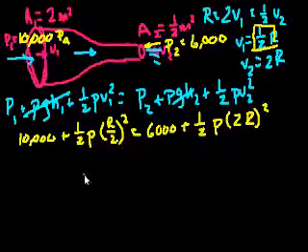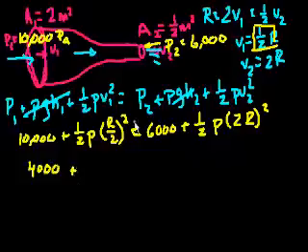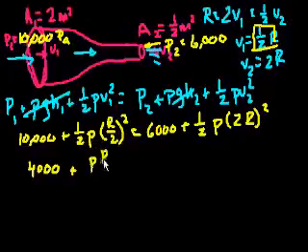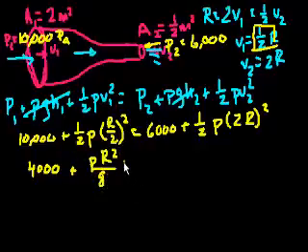So let's subtract 6,000 from both sides, and we're left with 4,000 plus, we get R squared over 4 times 1/2. So we'd have rho R squared over 8 is equal to, since we already subtracted the 6,000 from both sides, 1/2 times R squared times 4.